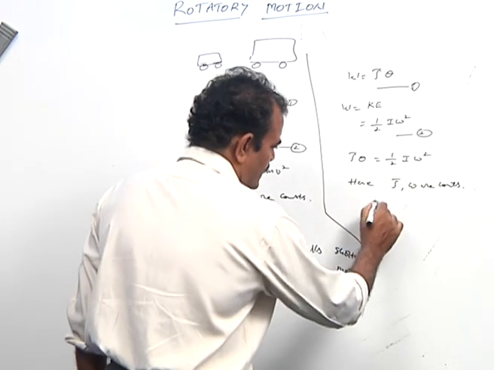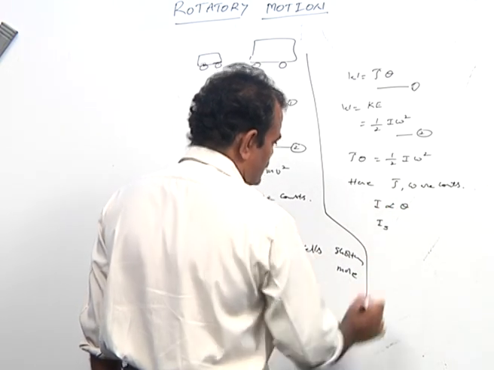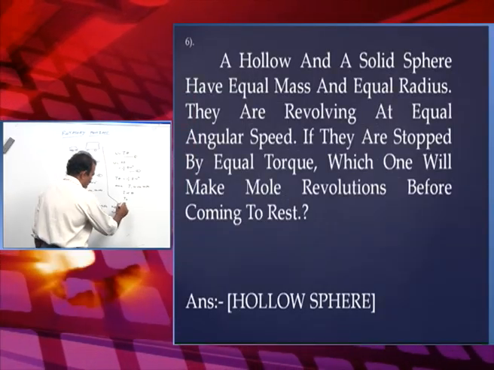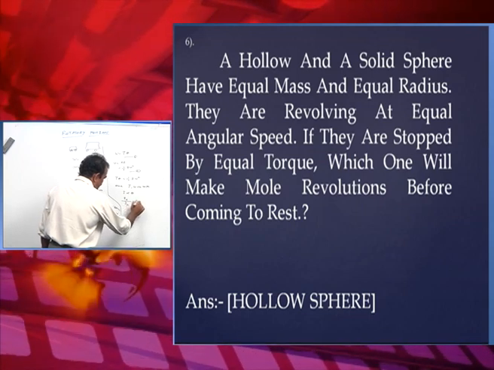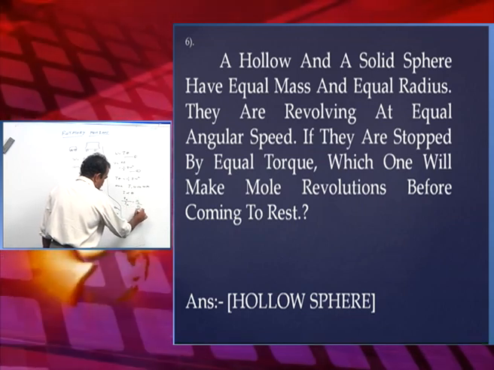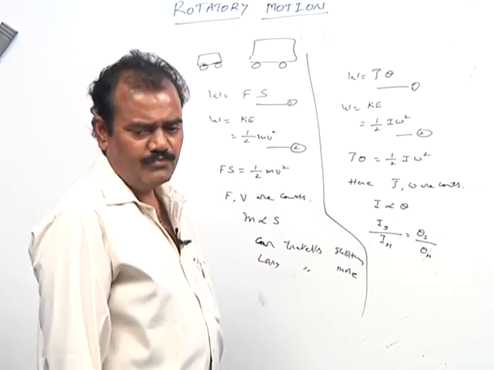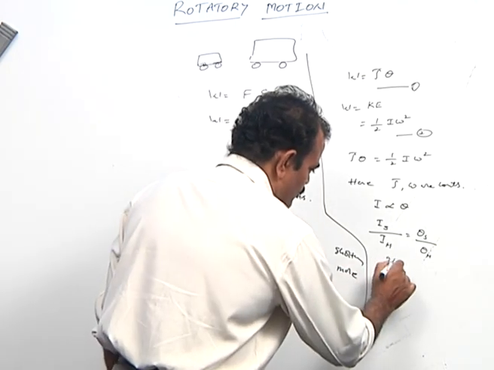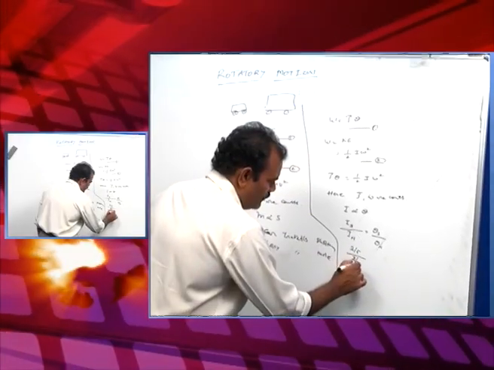Its meaning is that I is proportional to theta. Now it is I S and I H, because you are given a hollow sphere and a solid sphere. So IS by IH is equal to theta S by theta H. And IS, already you know, for the solid sphere it will be 2 by 5, and for the hollow sphere it will be 2 by 3.